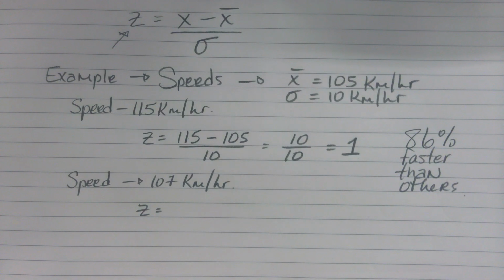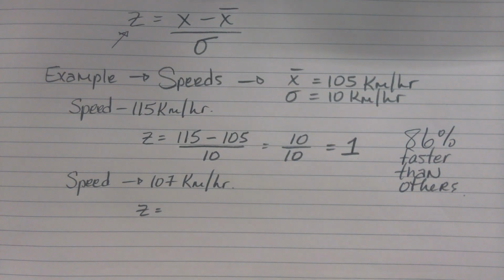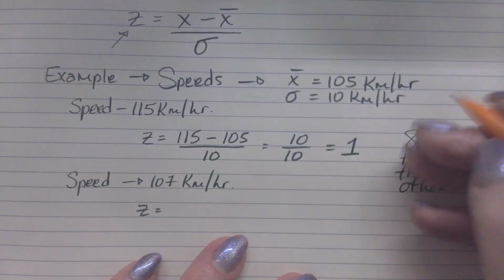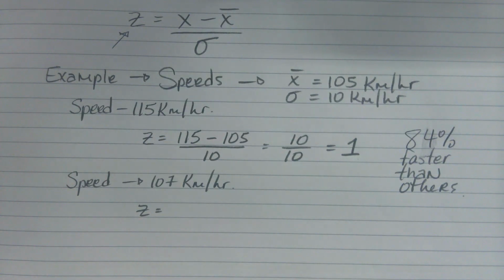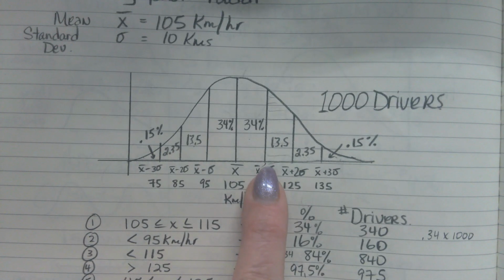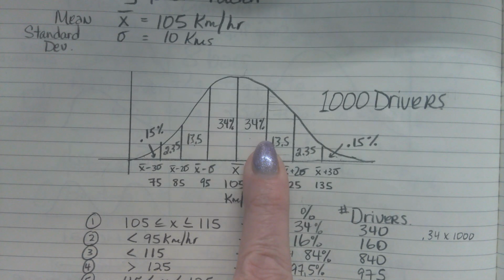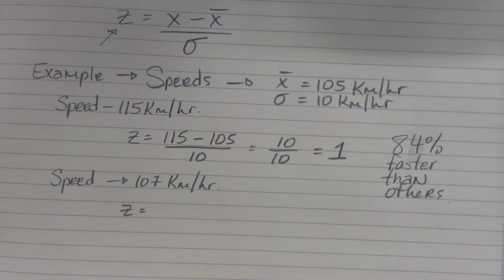Does everybody understand where I got the 86? The bell curve gave me, did I add right? No, 84%. 50 plus 34 is 84. There we go, 84%. So 50% to here plus the 34 gives me 84% of people going slower than me, or I'm 84% faster than others.